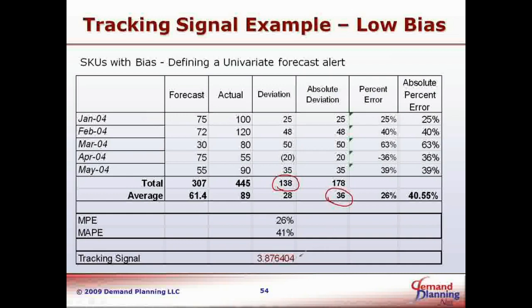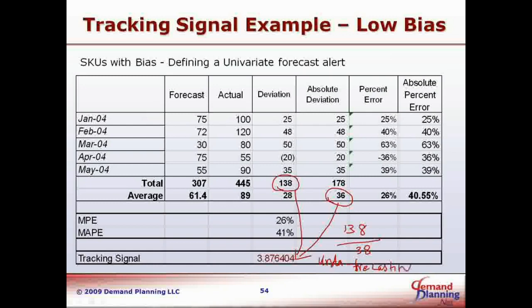So your tracking signal is 138 divided by 36, which gives you 3.876. That's your tracking signal. Now think about this. It is greater than 3.75, so is there an over forecasting or under forecasting bias? What kind of bias here? Under forecasting bias, right? This is the under forecasting bias.